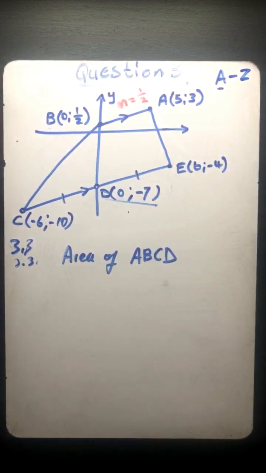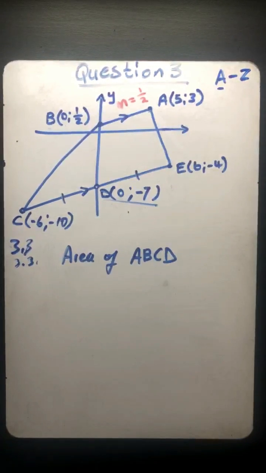I'm not sure. Anyone who would like to suggest how we can calculate that area? I think we did discuss it, but is there anyone who would like to just share their opinion in terms of how to calculate the area?